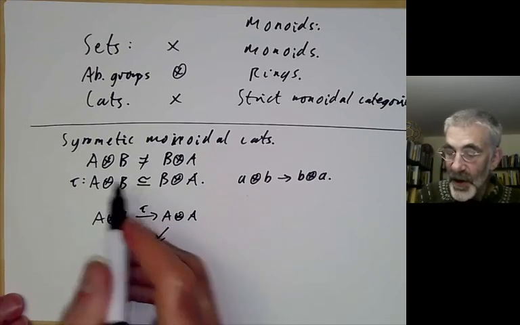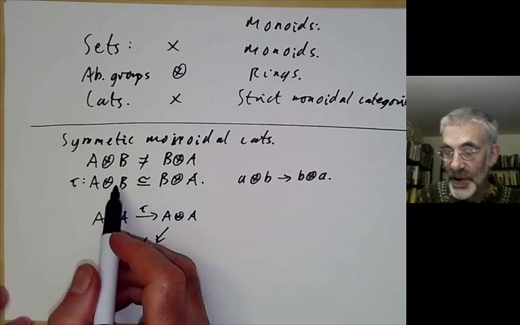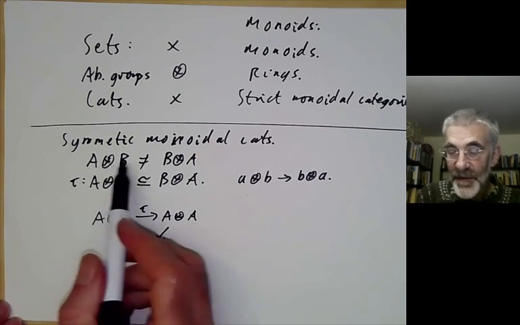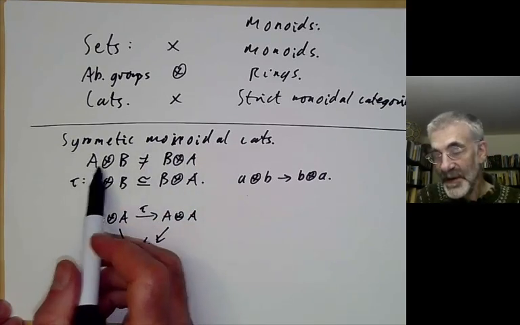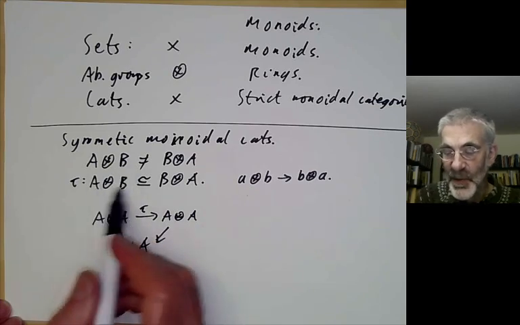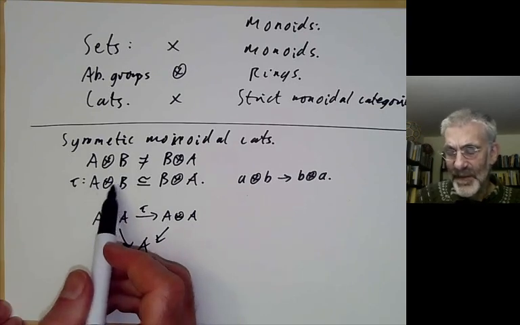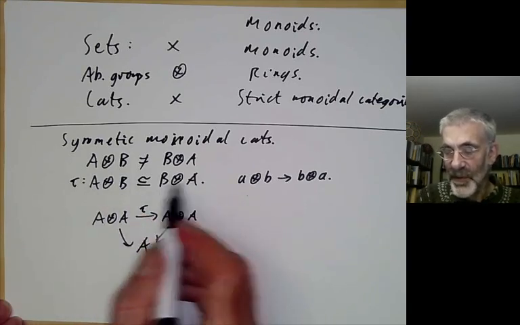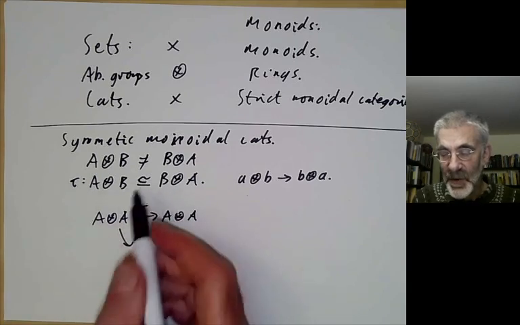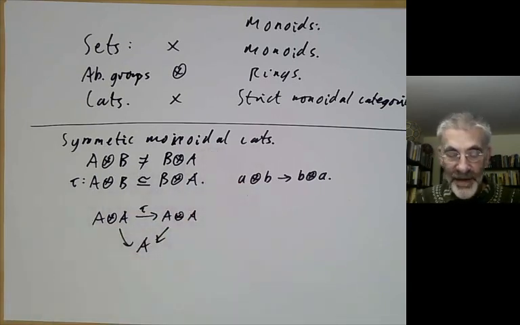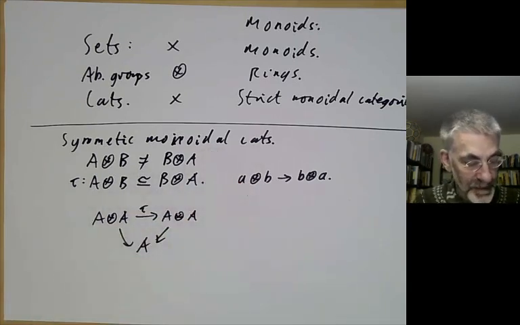And we notice you don't always have this extra structure. For example, if your monoidal category is functors from a category to itself, and tensor product is composition, well, the composition of A and B has very little to do with the composition of B and A in general. So not all monoidal categories have a nice symmetric structure.